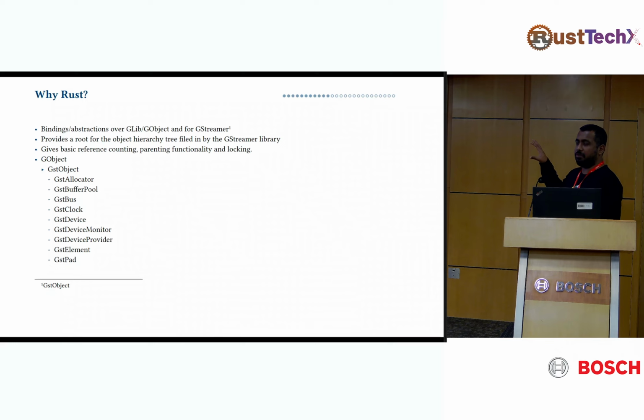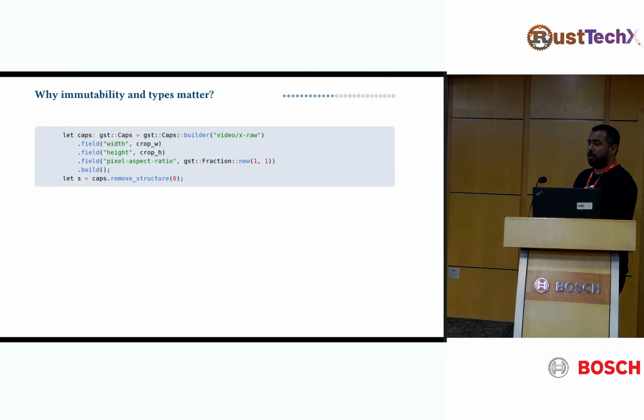That facility GObject provides, but if you're working with C, you would have to do it manually, calling ref to increase the ref count, or unref to decrease it. And Rust, with its borrow rules, takes care of that automatically: if something goes out of scope, unref automatically happens. So that's one of the things where it gives you low cognitive overhead, where you don't have to worry about references manually.